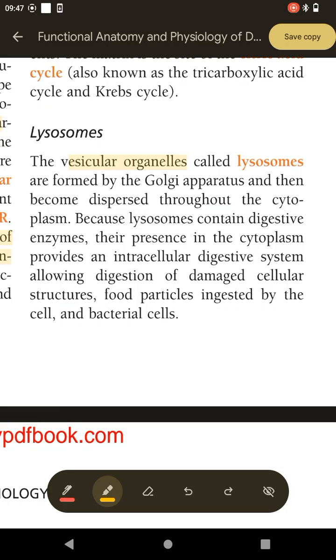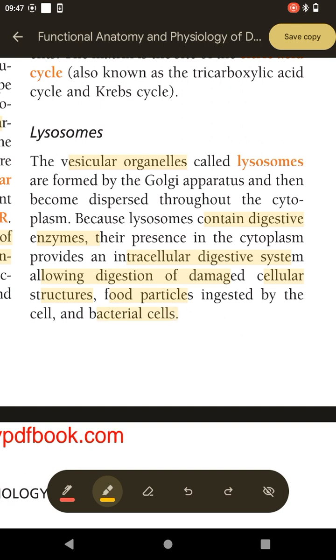Because they contain digestive enzymes, their presence in the cytoplasm provides an intracellular digestive system, allowing digestion of damaged cellular structures, food particles ingested by the cell, and bacterial cells. So what is the function of these lysosomes?